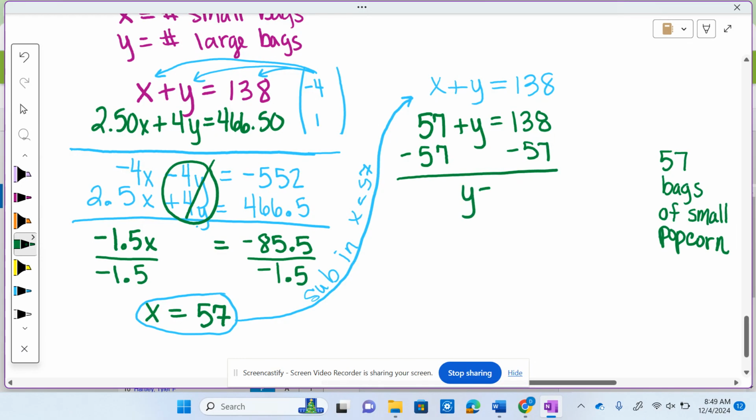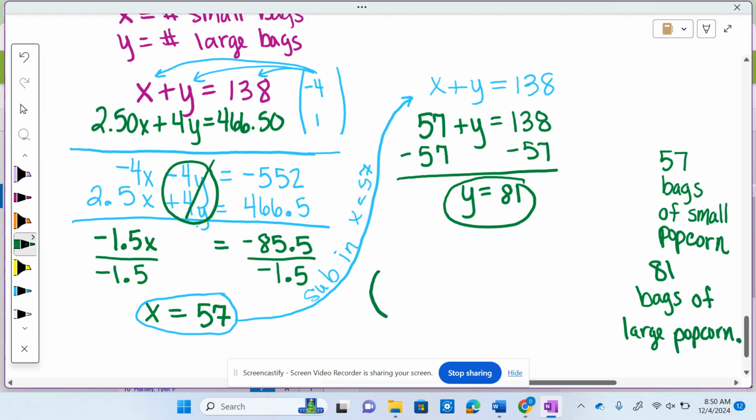So y equals 81. So we sold 57 bags of small popcorn and 81 bags of large popcorn.